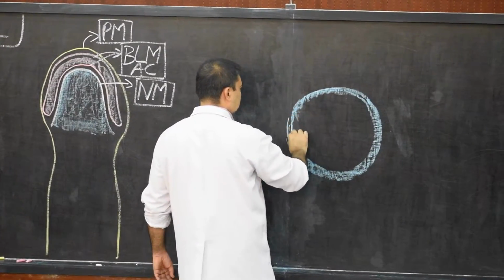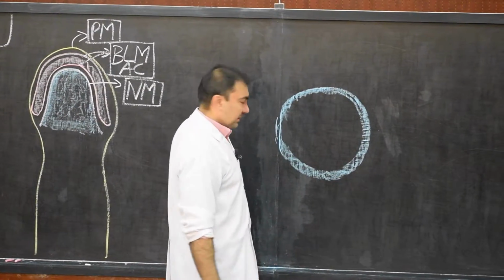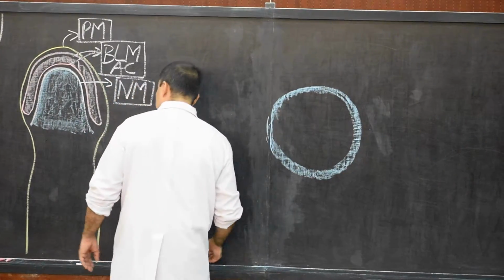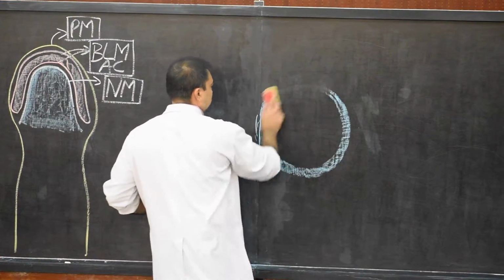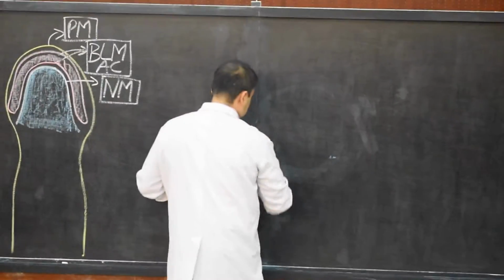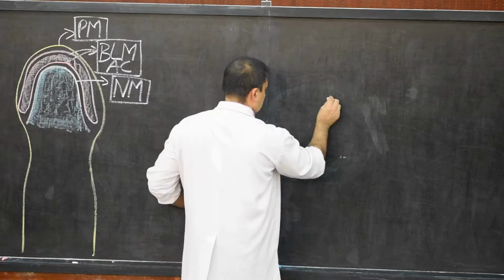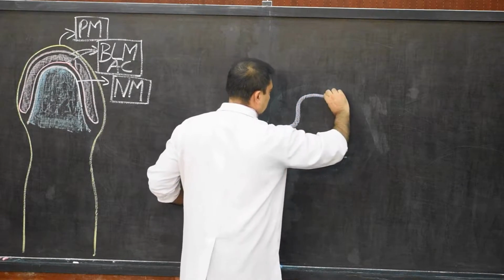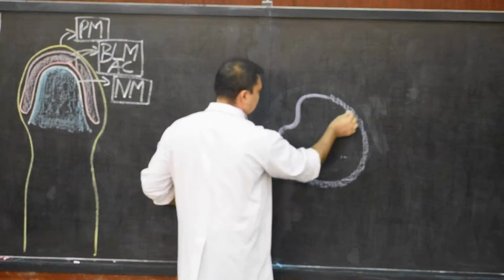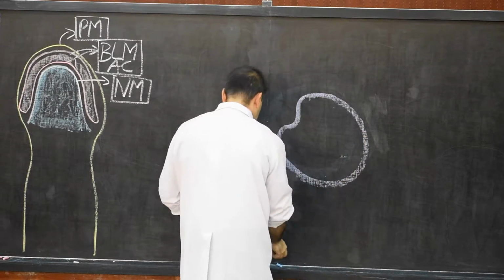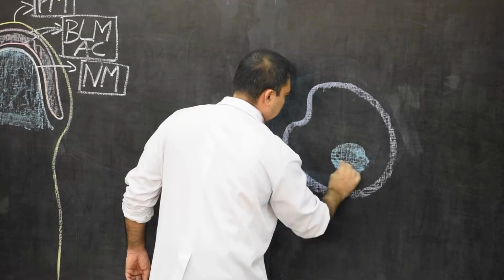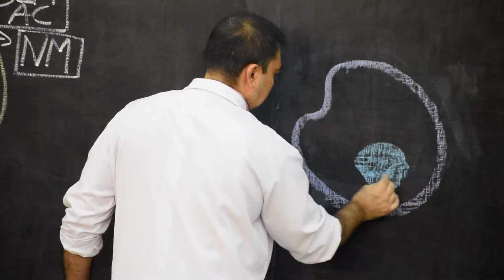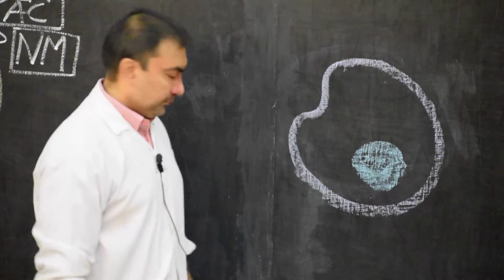We will use violet color for the vitelline membrane, which will be more effective. Deep inside, we will show the nucleus of the secondary oocyte.